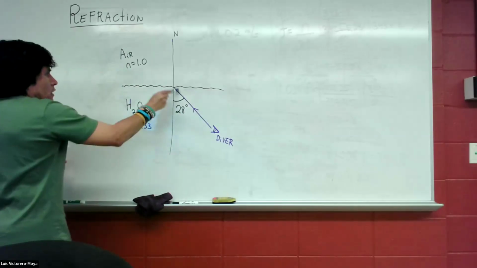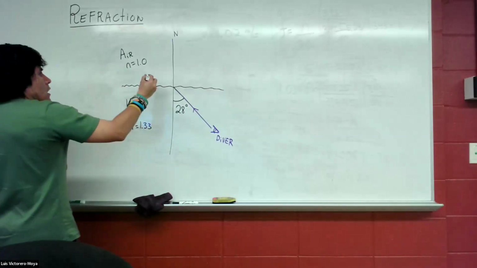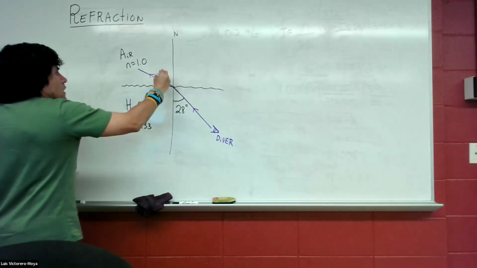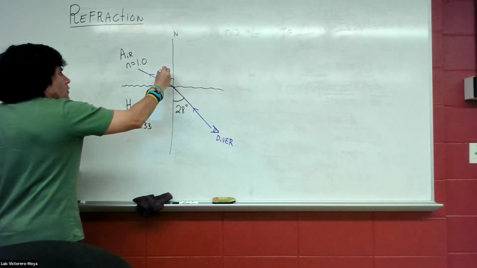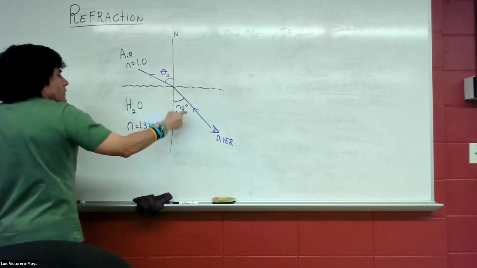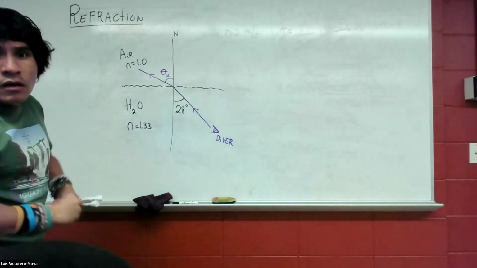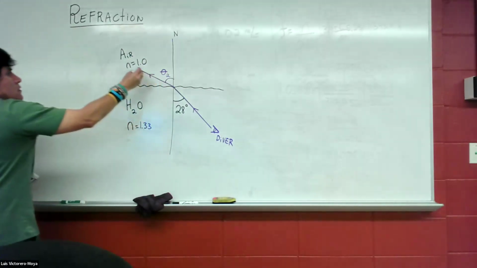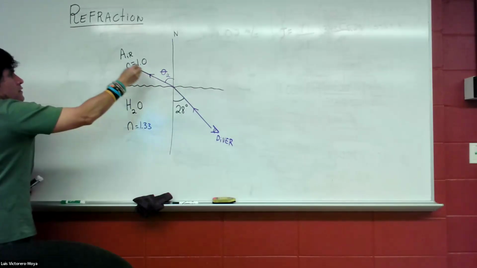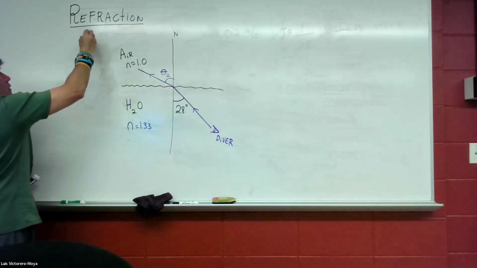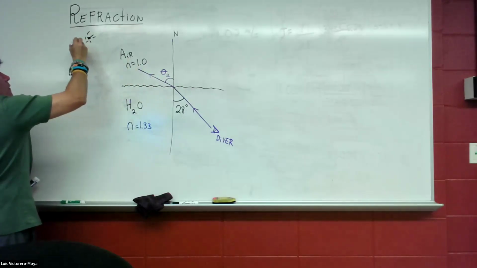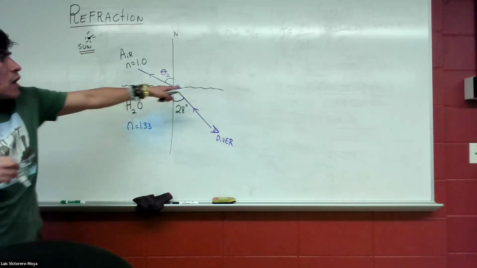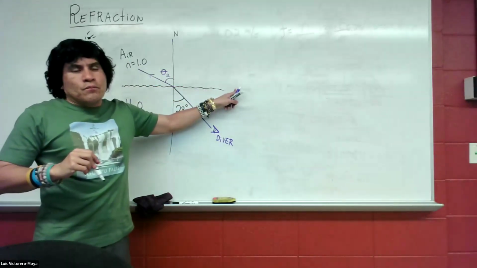So the way you want to draw the refracted ray is like this. See that? And that's the angle theta 2, theta 1. But the actual direction of the sun is going to be, if I extend this around here, that's the sun. The direction of the sun is always with respect to the horizontal, though.